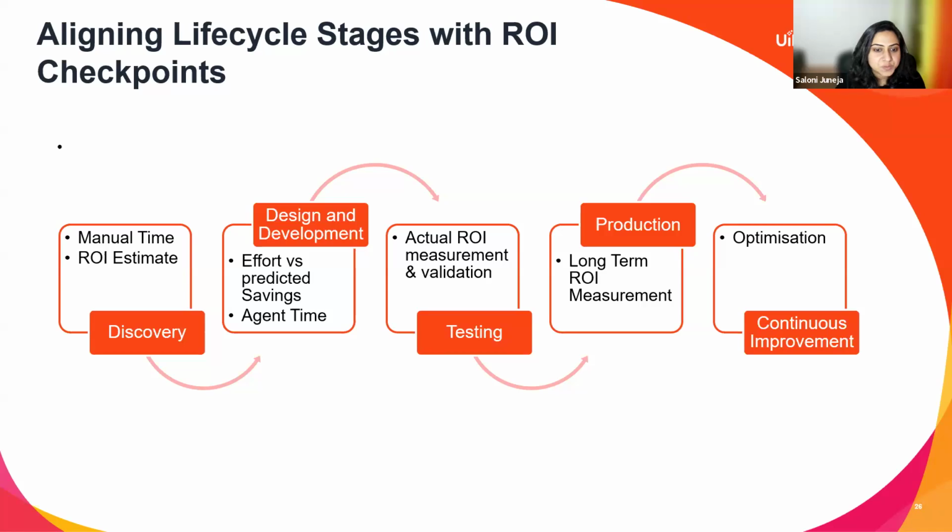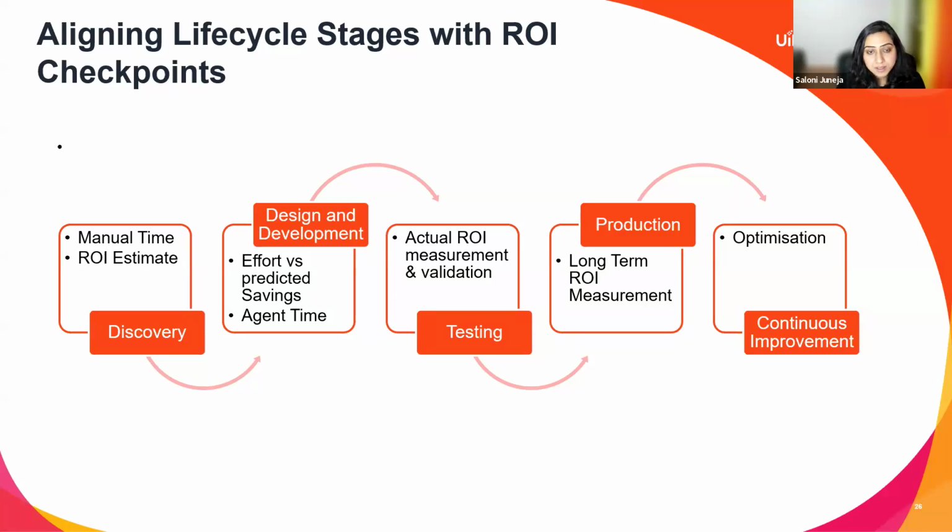So in the design phase, it's more effort estimation. But when you are testing, you test different scenarios and validate that all these ROIs that you predicted might be true. And in production, when the agent is already picking up data from the production or the live environment, you keep on checking this particular ROI on a regular basis.